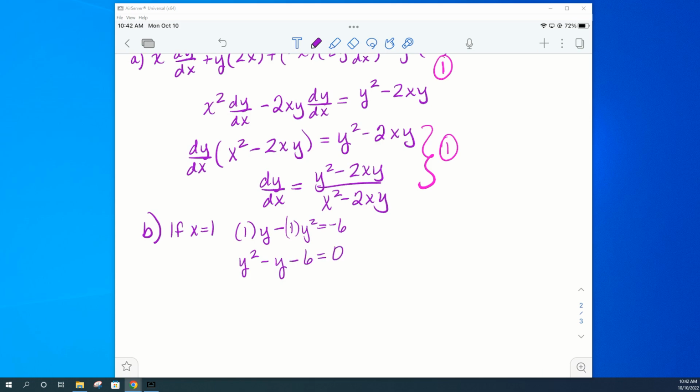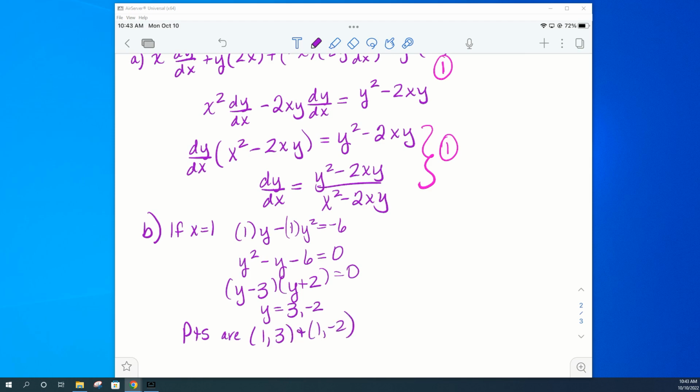So I'm moving to the right, even though I write it on the left. I can factor, and I'm showing all these steps with equaling 0. So I get y is equal to 3 and -2. So my points are (1, 3) and (1, -2). Okay, so I did what they say.